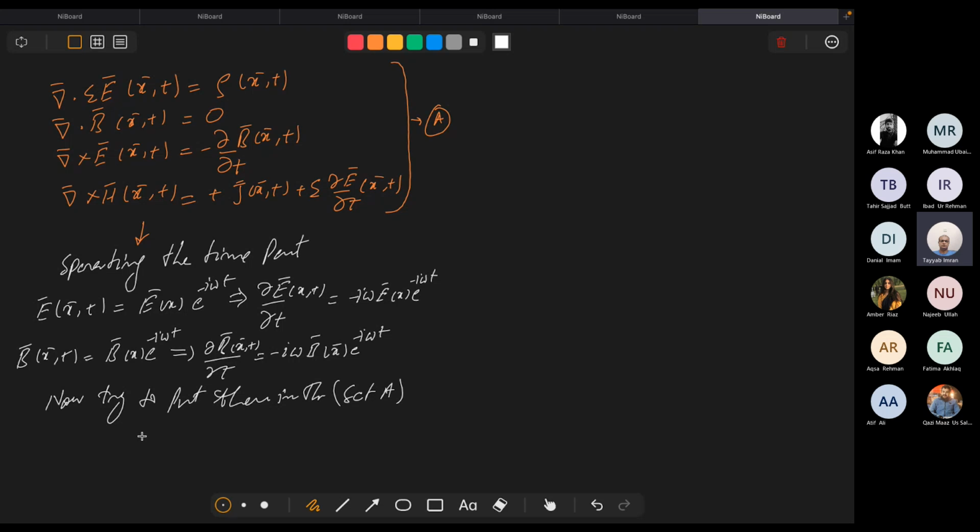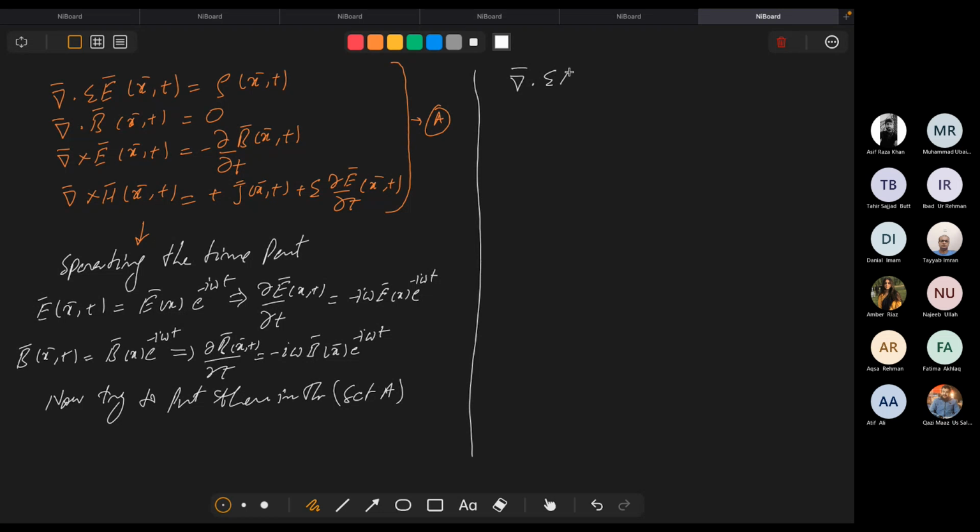Basically, here we have taken the differential because we need to substitute these values here, so that is why.